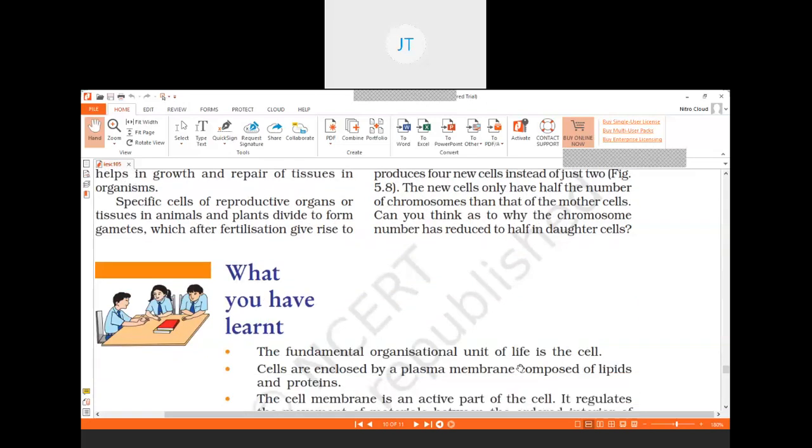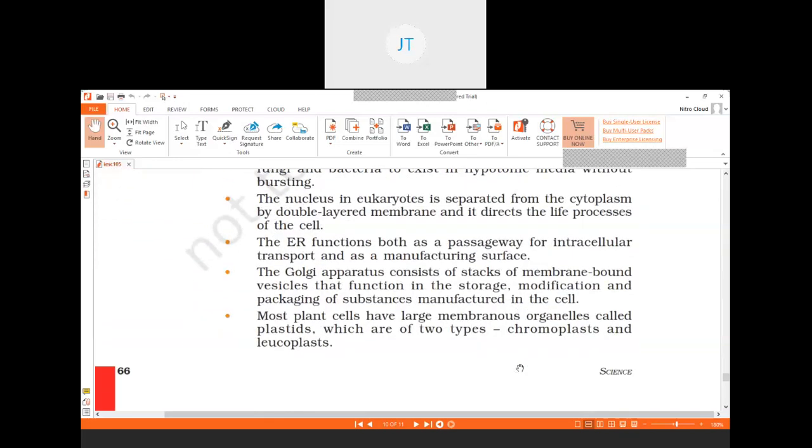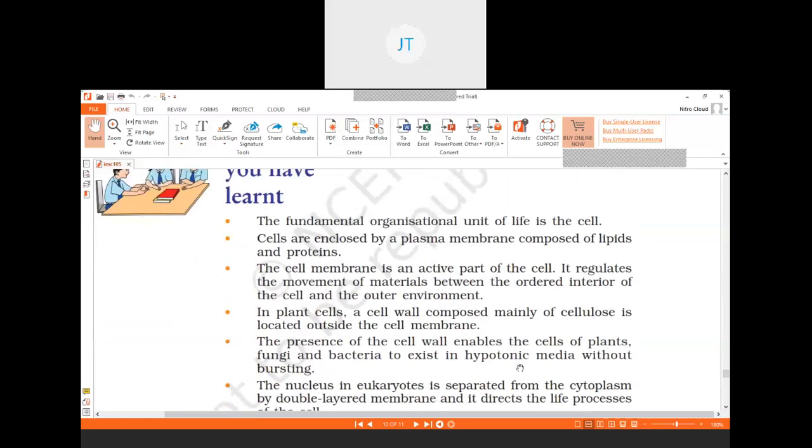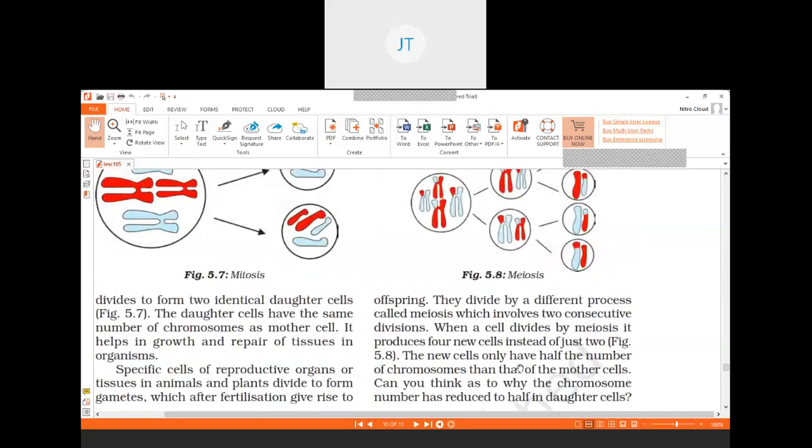Okay, so this is now the end of it. Here there is a very small description about cell division, nothing that much they describe here. But if you see, mitosis and meiosis are very complex and not that easy topics. It is a very hard topic to understand.